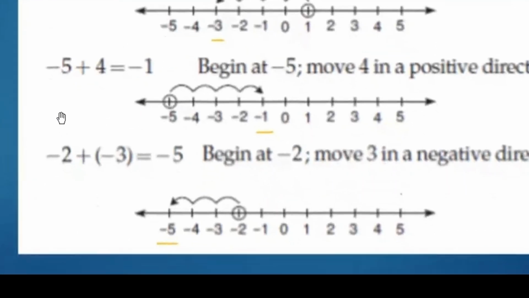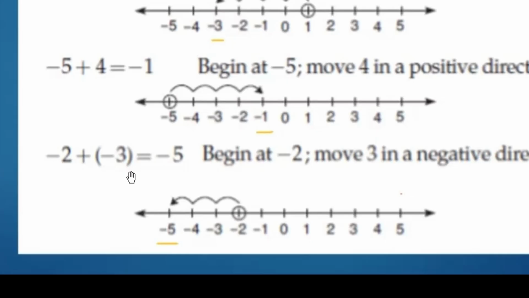So here, -2 plus -3, our starting point is going to be -2, and then you simply want to count 3 spaces to the left. Why? Because we're dealing with -3, right? So 1, 2, 3, read the value at that spot, it's -5.